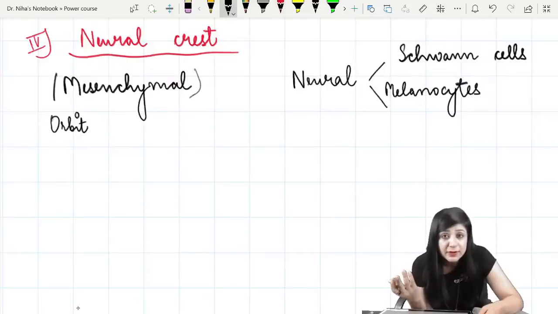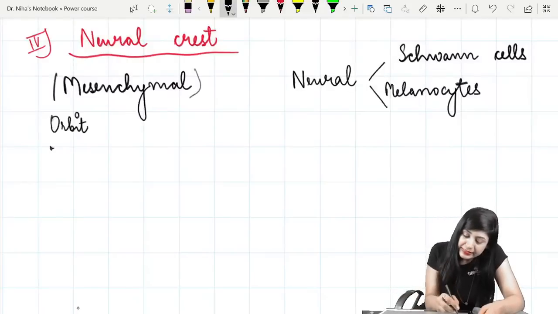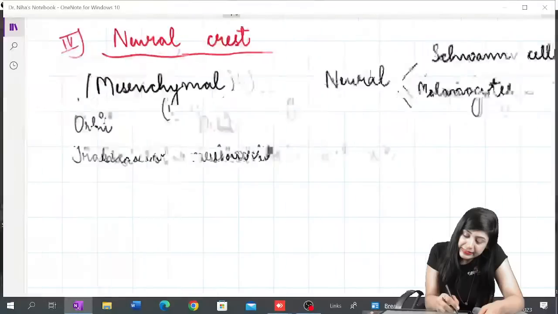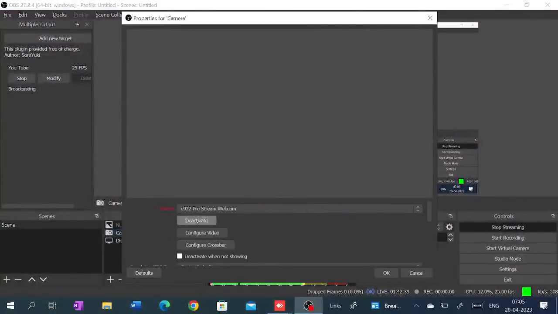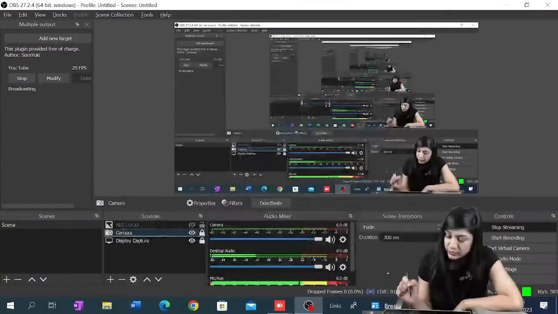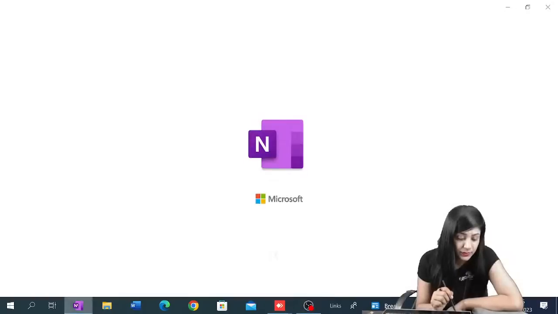Orbit is the bony part of the eye. Then we have the trabecular meshwork, which is that part of the eye responsible for the drainage of the aqueous humor.